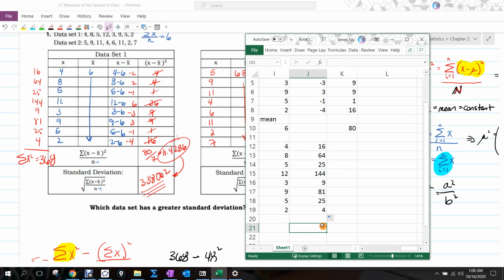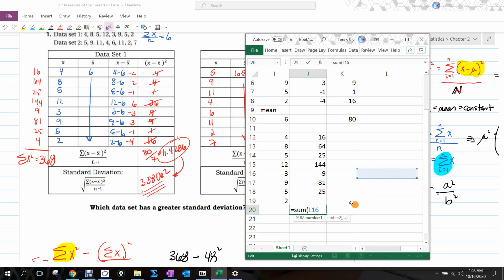That's a minimal amount of computing power. And then we sum that list, so we sum these.